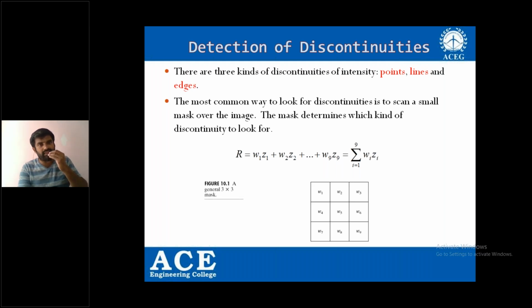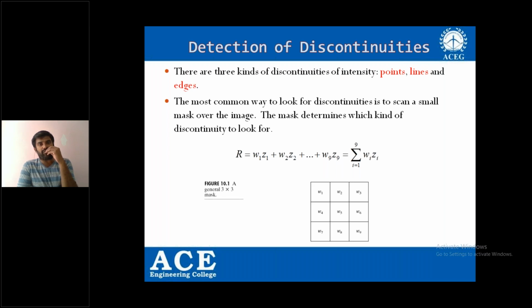What do you mean by resultant? The resultant is nothing but R. If I take a mask as a window, the window will have the values from w1 to w9, and if I keep that window on the image, the image will have pixels, let us consider from Z1 to Z9.